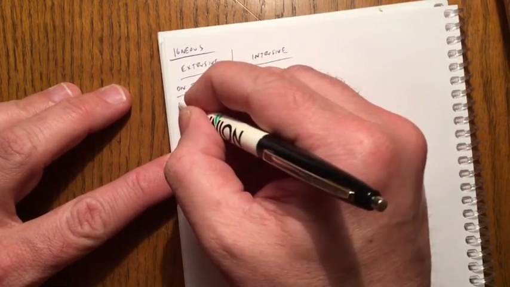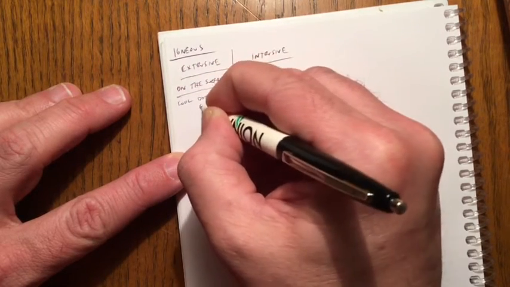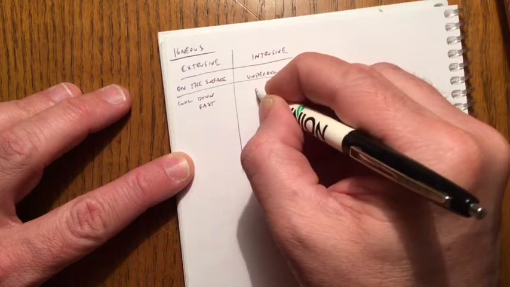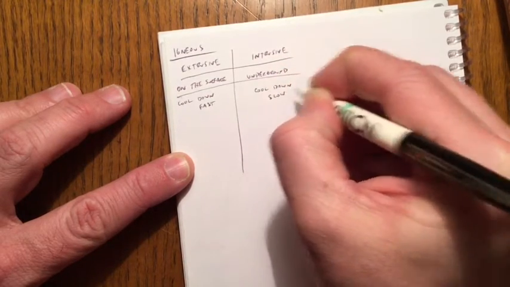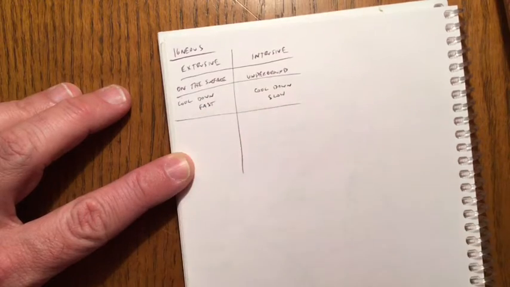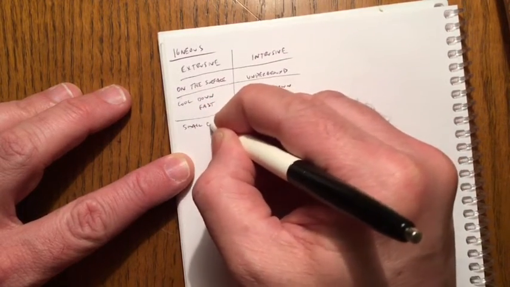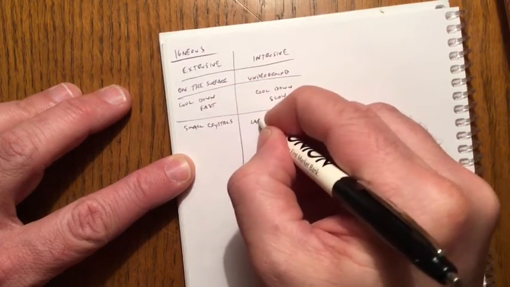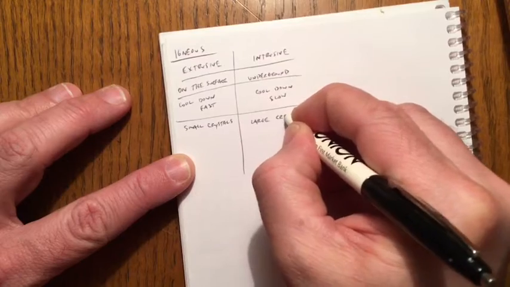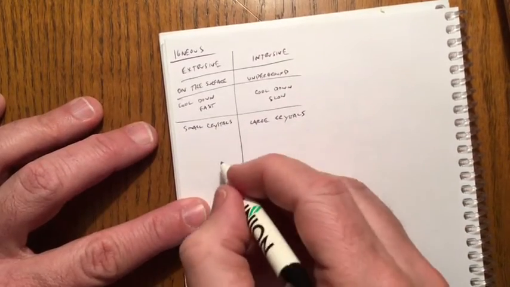Extrusive rocks cool down faster, and intrusive rocks cool down slowly because it's a little warmer down there as far as the rock's concerned, and that leads to smaller crystals in an extrusive rock and larger crystals in an intrusive rock.